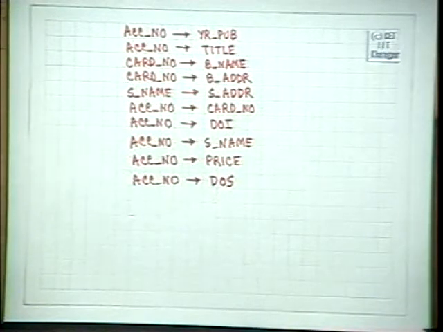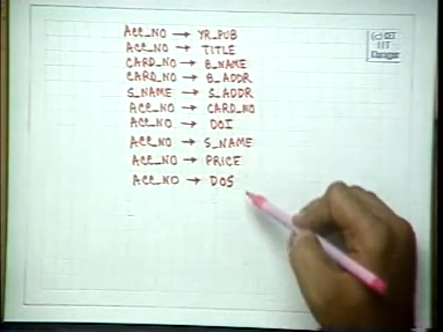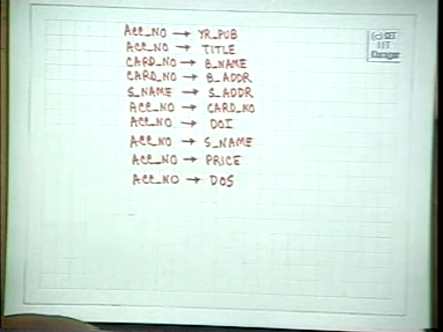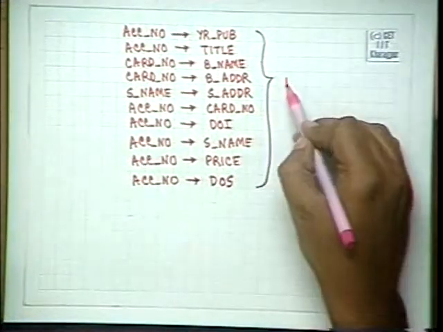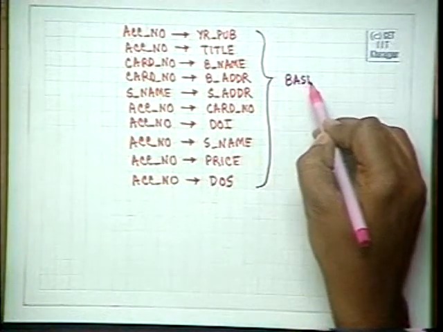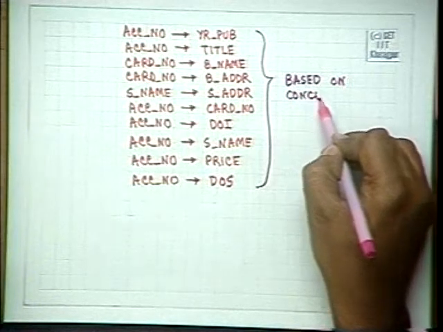Based on our primary key concept, these are the checks which will have to be done during every insertion, updation and deletion as well. These are based on the concept of a key attribute.